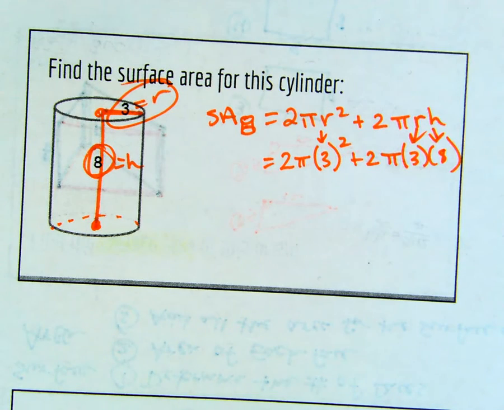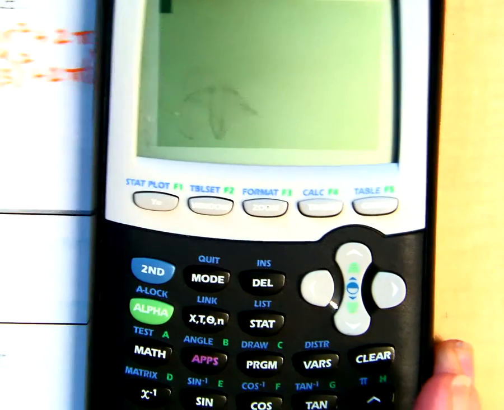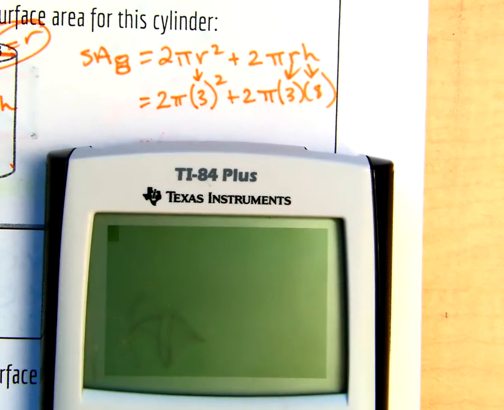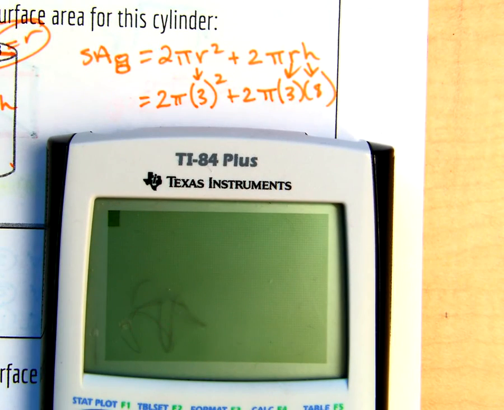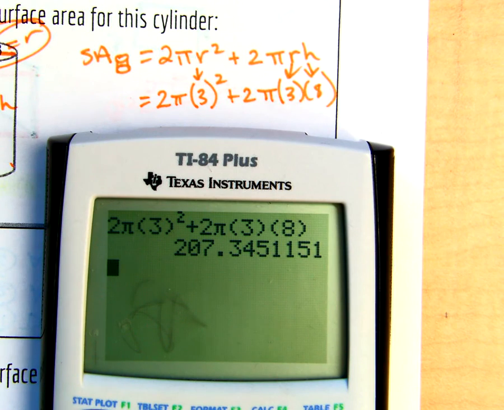And then really and truly at this point, all I have to do is go to the calculator. Now you do have to be careful, because if you're going to work on IXL, which I hope you are, then they want you to use 3.14. But we don't have to. We can just use the pi symbol. So I'm just going to type 2 pi times 3 squared plus 2 pi times 3 times 8, and get an answer that is 207.35.